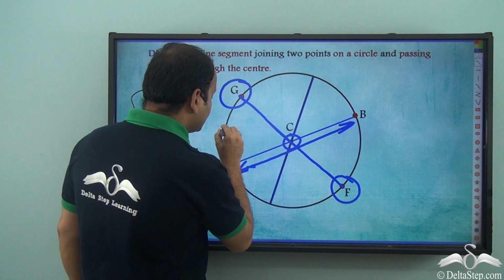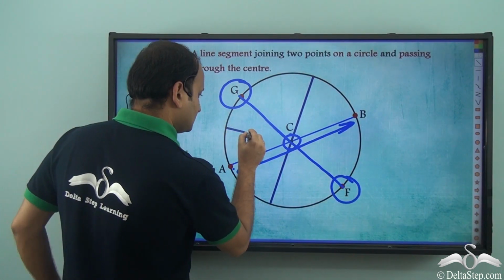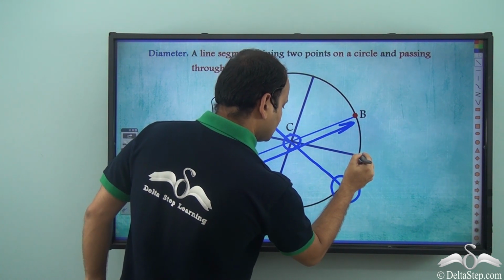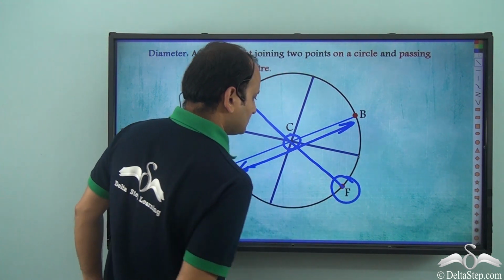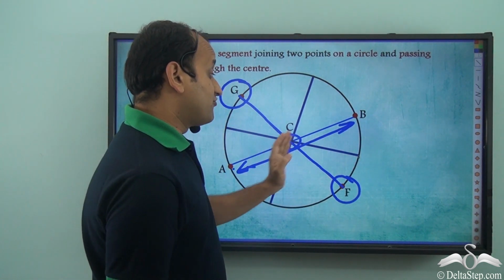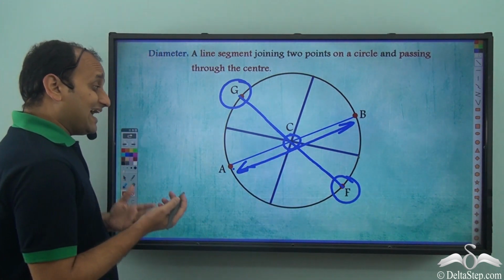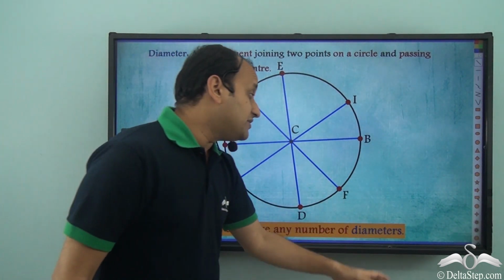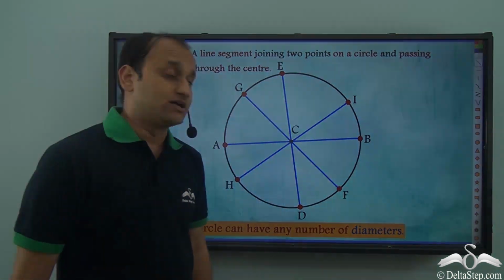What if I take a point here? Even now I have a diameter which is from a different position. So actually we can have any number of diameters in one single circle.